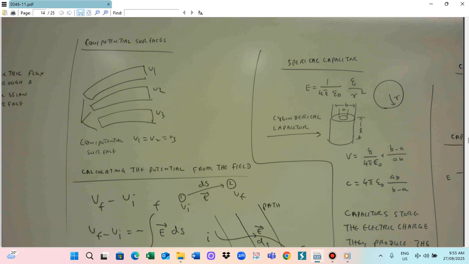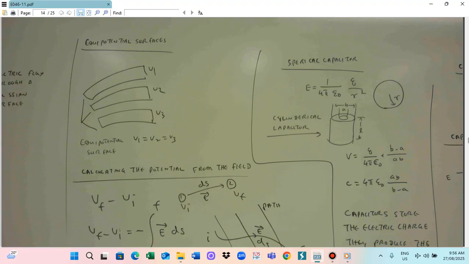The next one is that we calculate the potential from the field. Calculating the potential from the field. So we need to calculate the potential from the field.